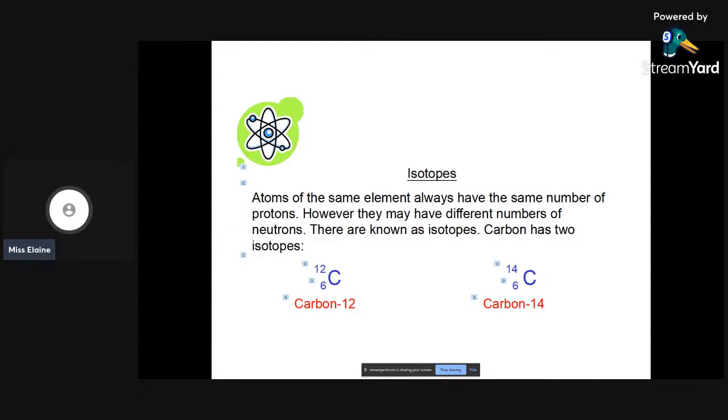You can check that. Why does it have two different numbers of neutrons? They used 12 and 14. Why not 13? Because the decimal point of carbon is lower than 4.